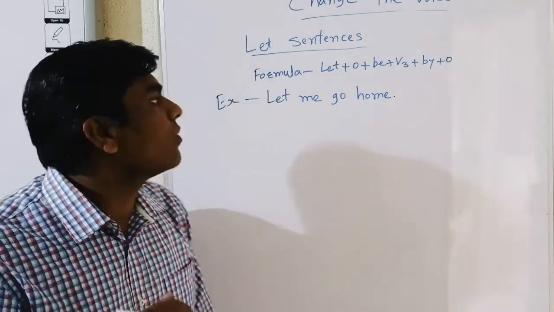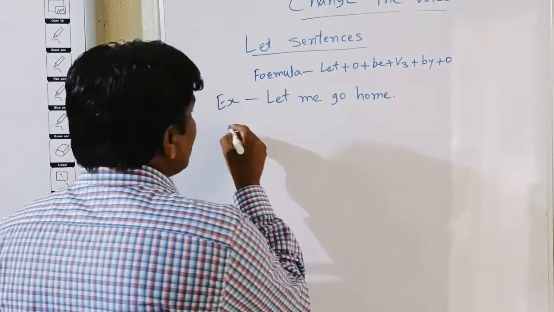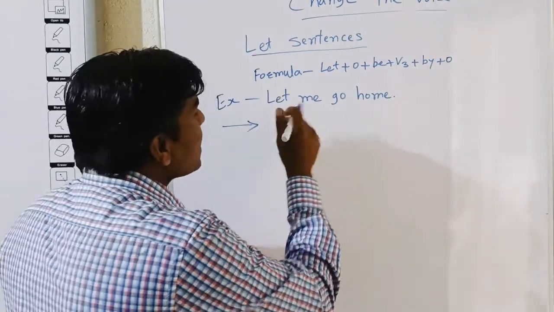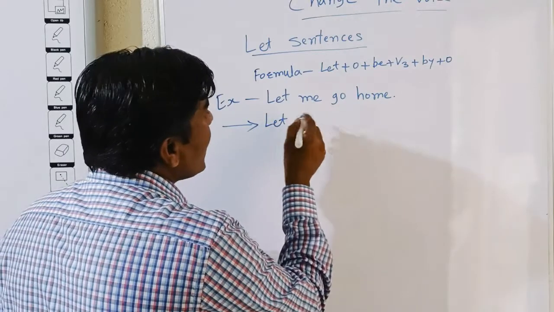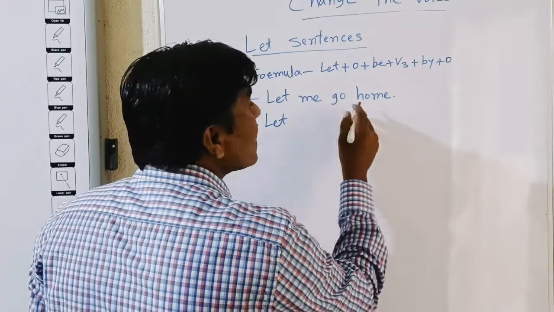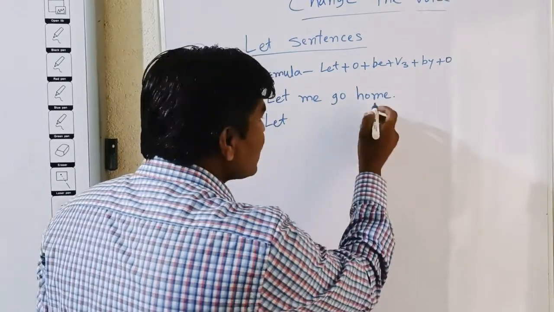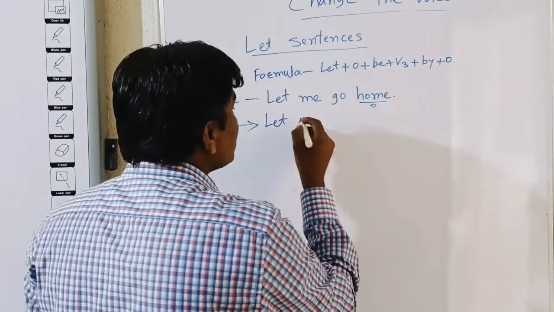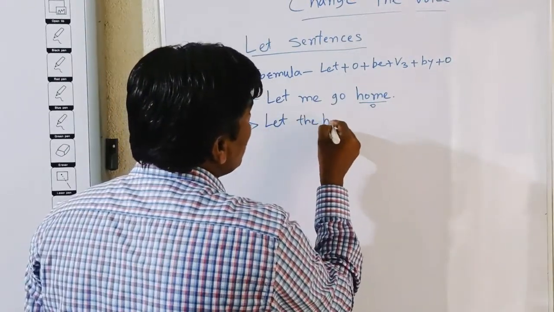Okay. Now I solve here first. Let. Then we have to write the object. Then let the home. This is the object. There is not the, but we can use here. Let the home.